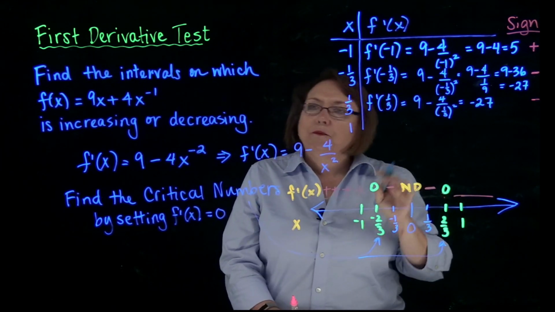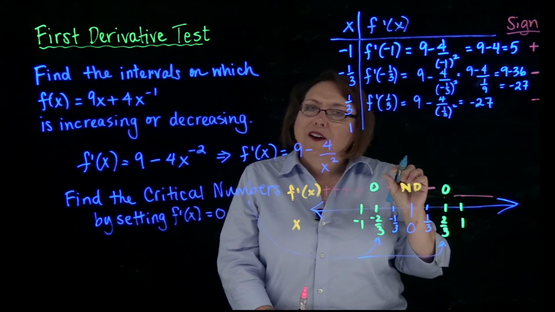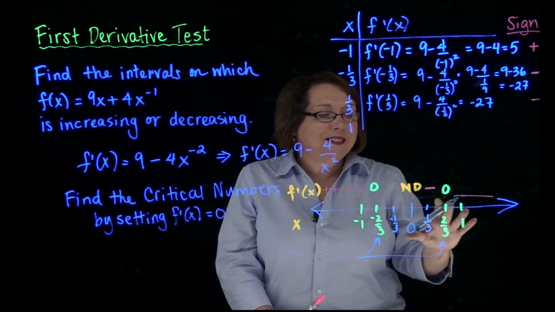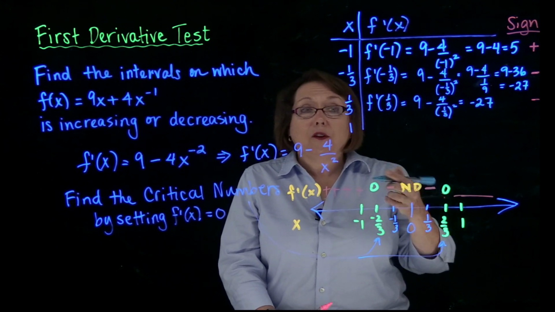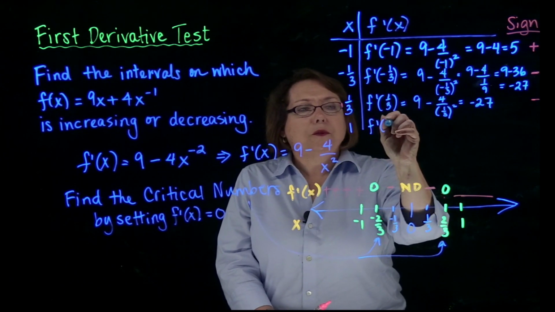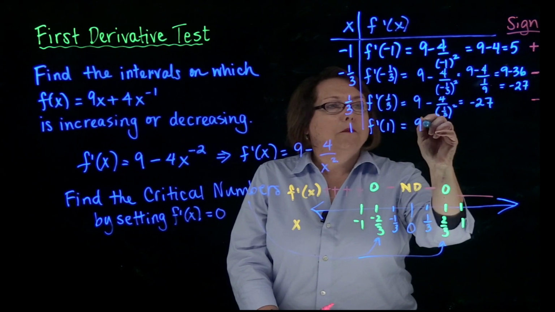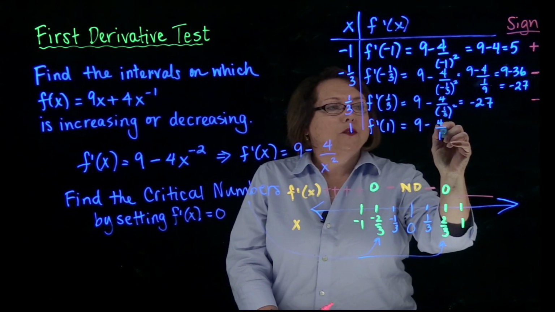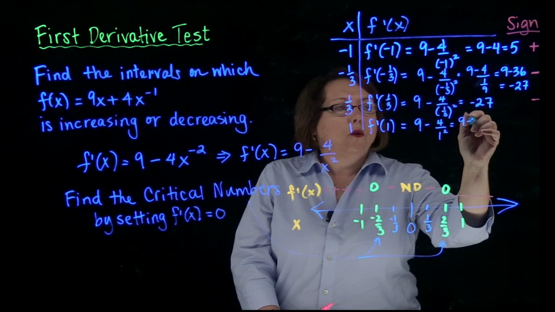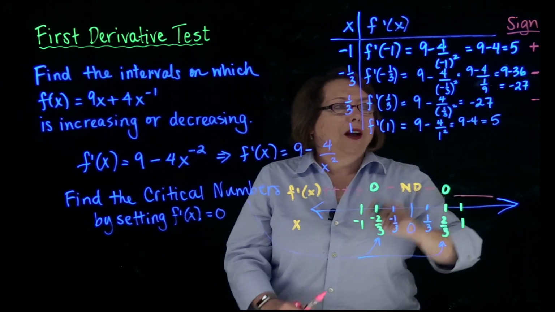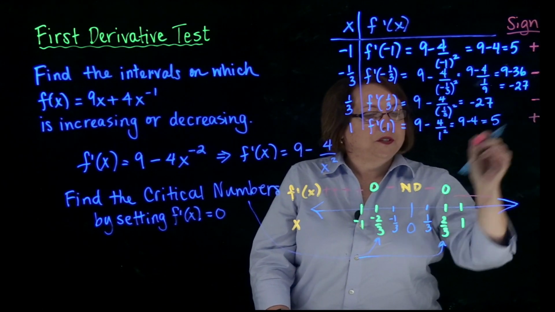I like to use small numbers. They are very convenient because they are easy to calculate. So our first derivative evaluated at x equals 1 is 9 minus 4/1 squared, or 9 minus 4, or 5. And 5 is positive. We'll put a positive result here.